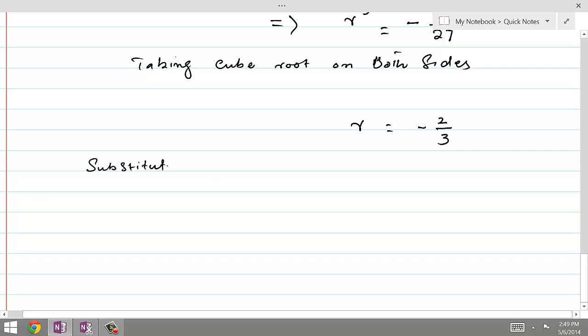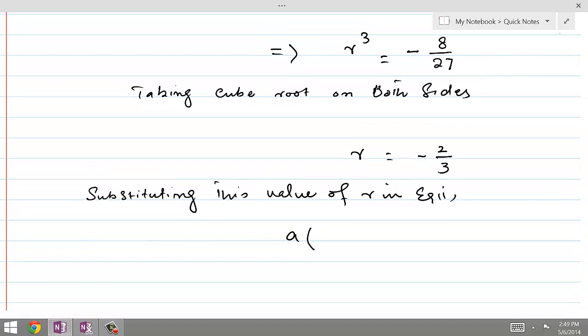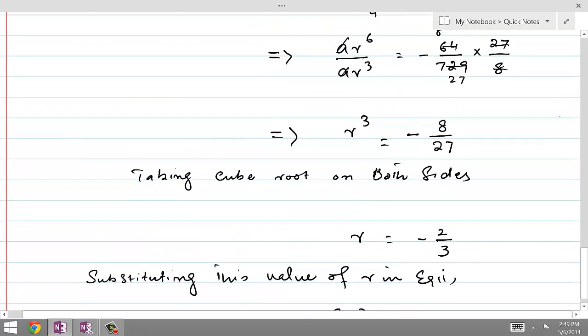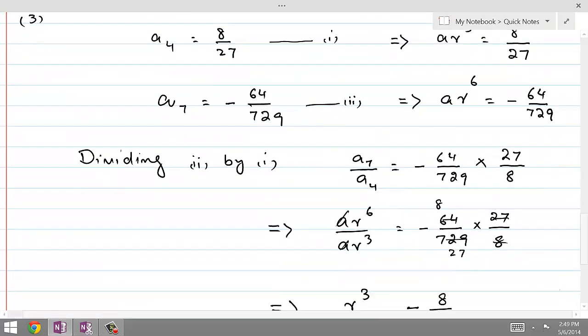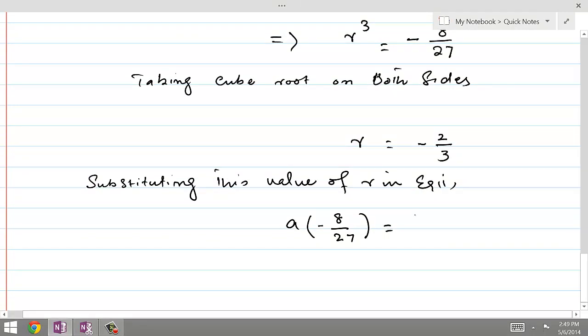Substituting this value of r in equation 1, which was ar cube, meaning r cube, we already know r cube was minus 8 over 27, is equal to 8 over 27.